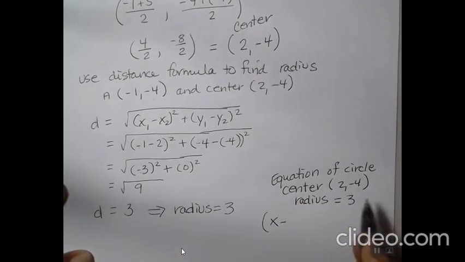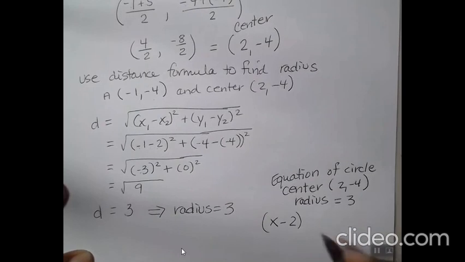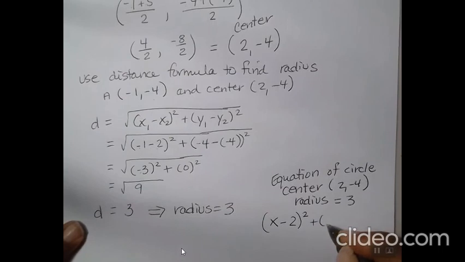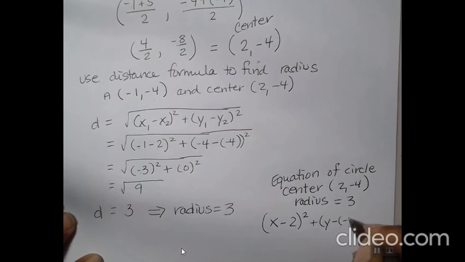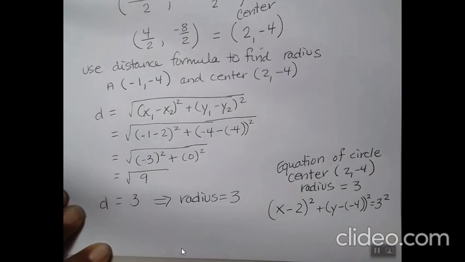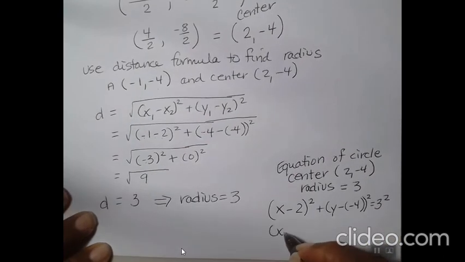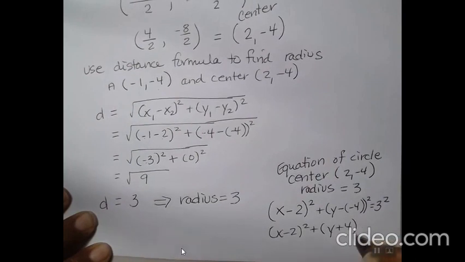X minus h, which is 2, squared, plus y minus k squared, k is -4, equals the radius squared. So now we have x minus 2 squared plus y plus 4 squared equals 9.